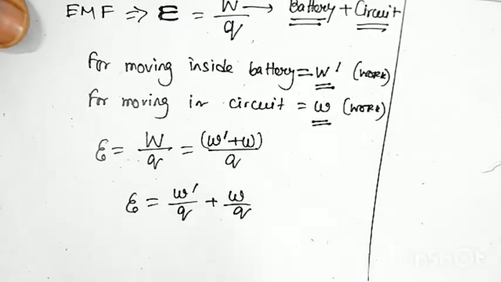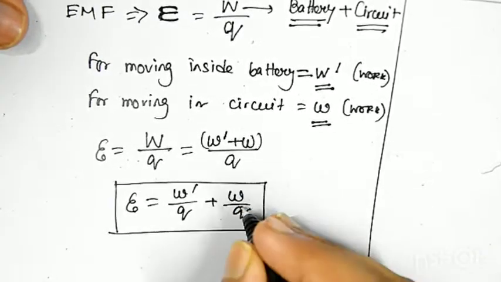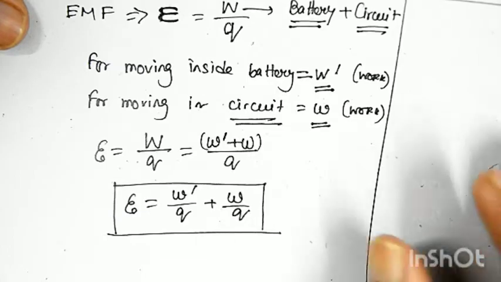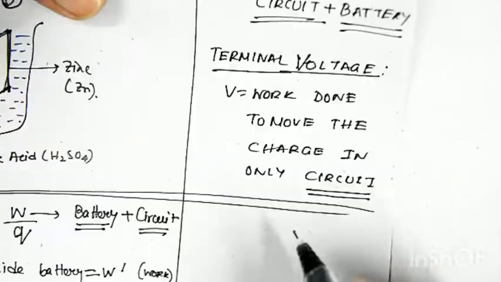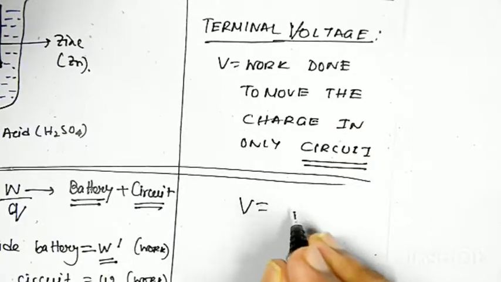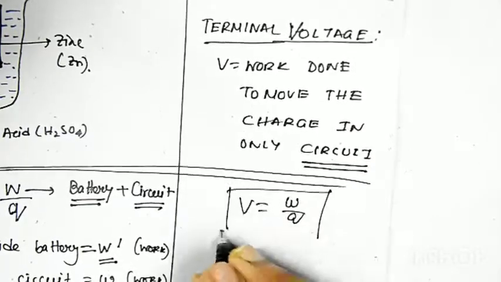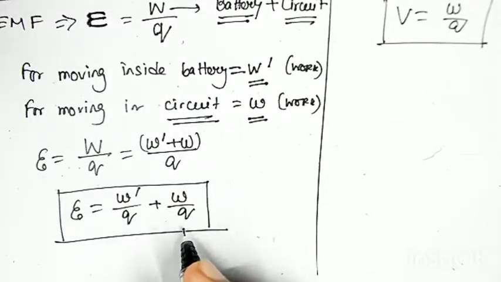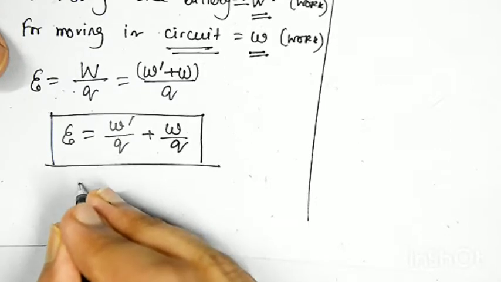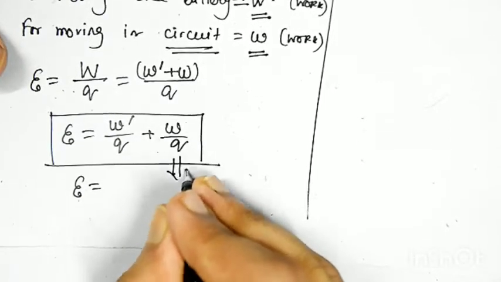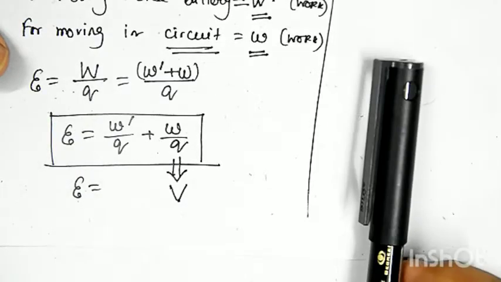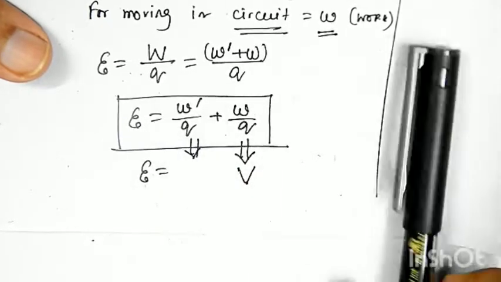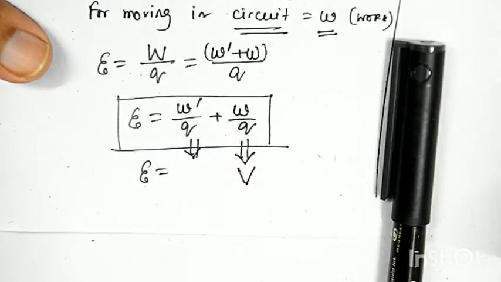Now tell me, what are these two things? Small w by Q is the work done for moving in the circuit. What do we call the work done for moving in the circuit? Terminal voltage. That is, capital V is small w by Q. This is the work done for moving in the circuit. So this one is called V. And what will you call this?